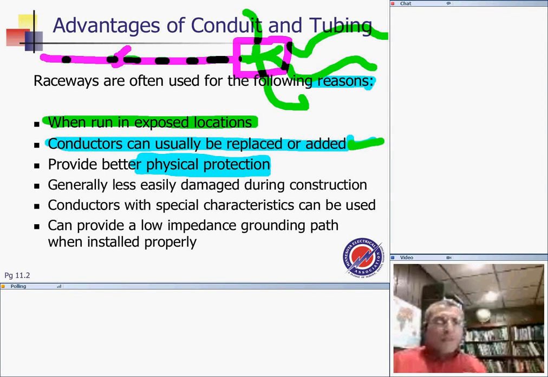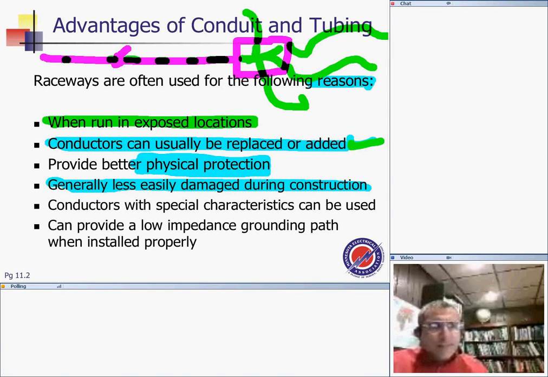If you have severe physical damage or severe physical protection needs, you're going to go to, as we know, rigid, intermediate or PVC 40. Generally, think of damage during construction. I guess you can argue with that. The conduit doesn't get as much damage, because a cable could be easily cut through and damage the conductor and so forth.